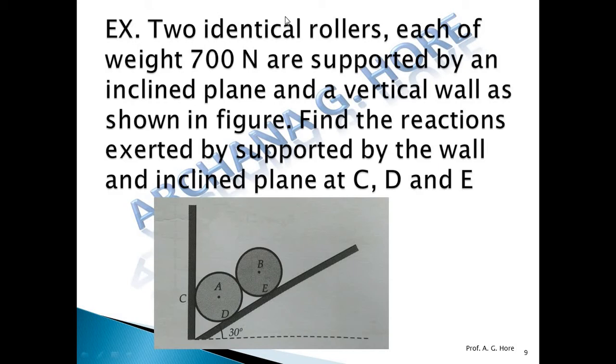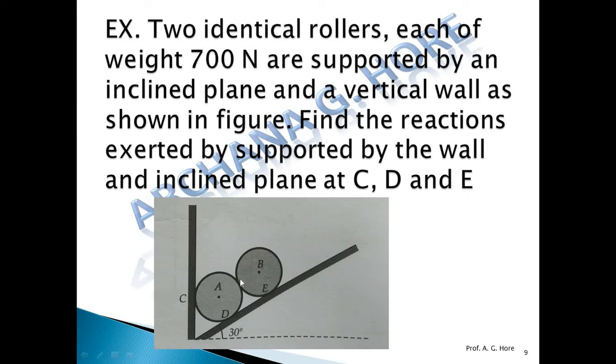Now next numerical. Two identical rollers, each of weight 700 Newton, are supported by an inclined plane and a vertical wall as shown in the figure. Find reactions exerted by the wall and inclined plane at C, D and E points.